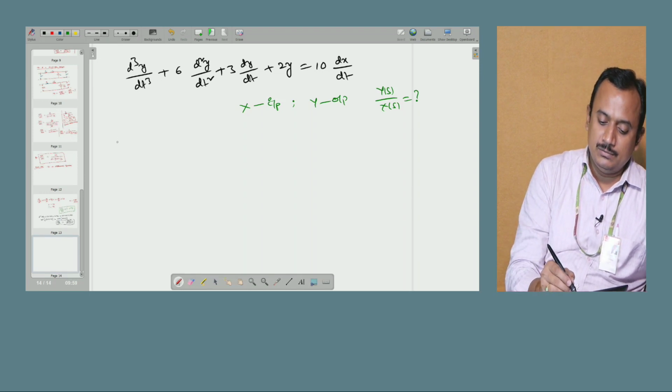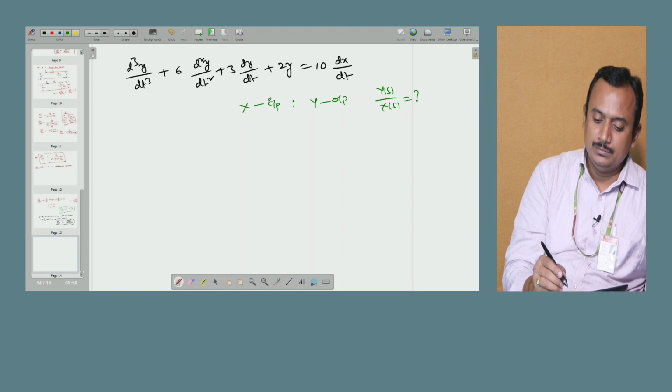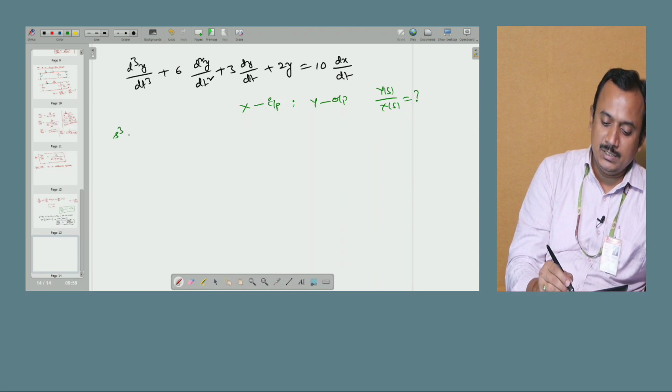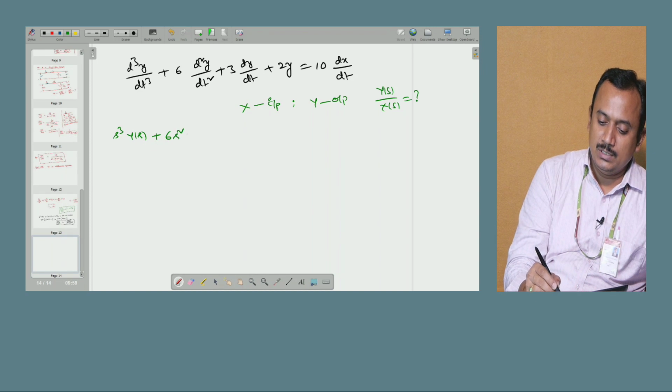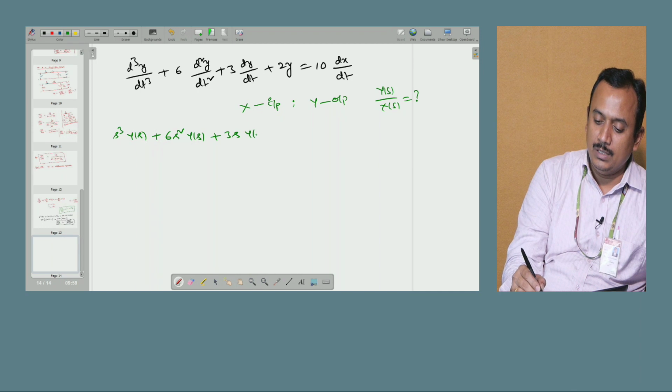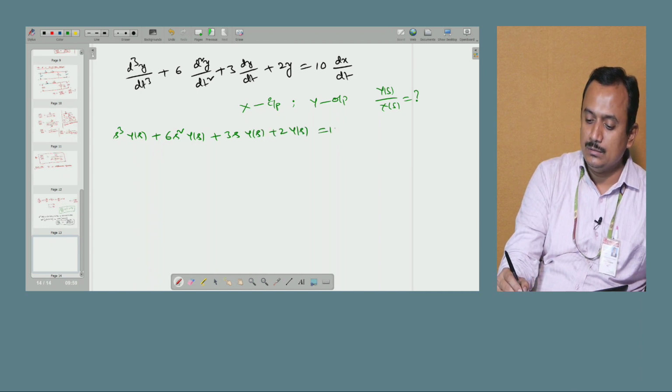So for the first term, since it is d cube, you will get s cube into y of s plus 6 into s square into y of s plus 3s into y of s plus 2 into y of s is equal to 10 into s into x of s.